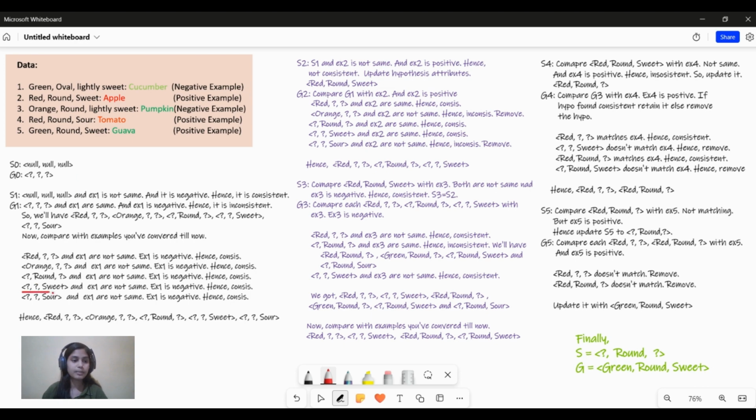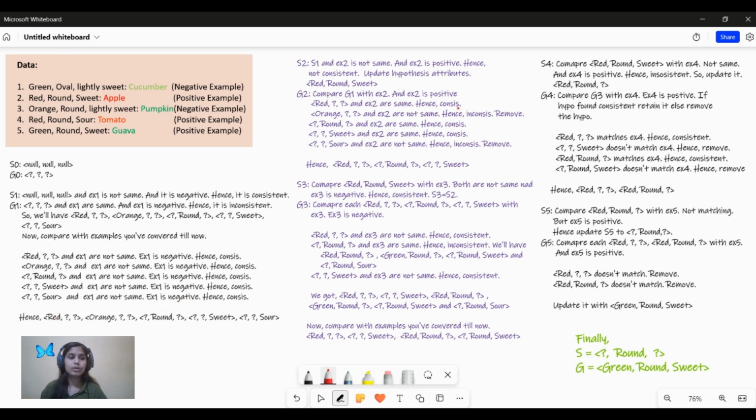Now the fourth hypothesis, question mark and sweet. These are not same, we will keep it as it is. And the last one, question mark and sour, not same, we will keep it as it is. So finally we got G1 with 5 hypotheses, 1, 2, 3, 4 and 5, right?